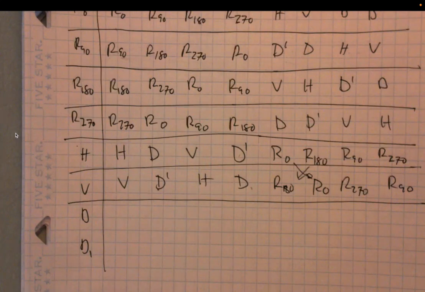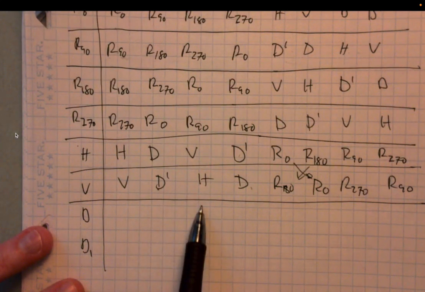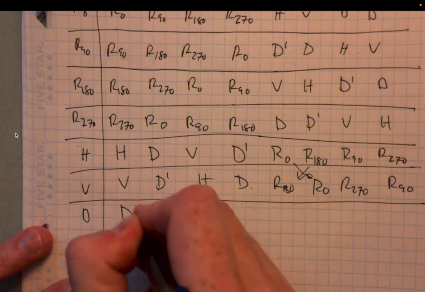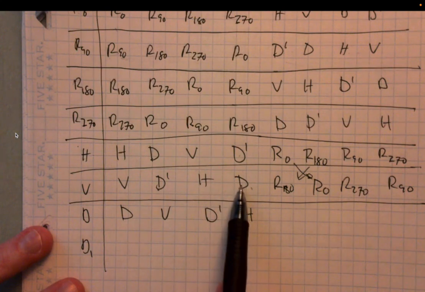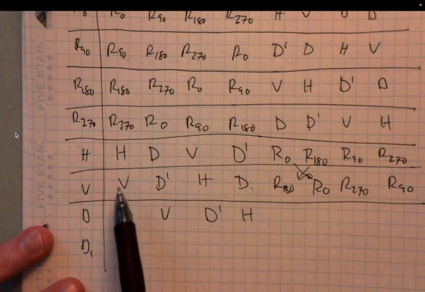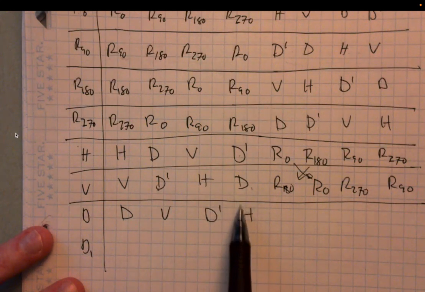And then here we're going to do D, V, D prime, H. Okay, so the D went to the V, swapped over to the D prime, H went over here, and the D prime went, and the V went here. Yep.